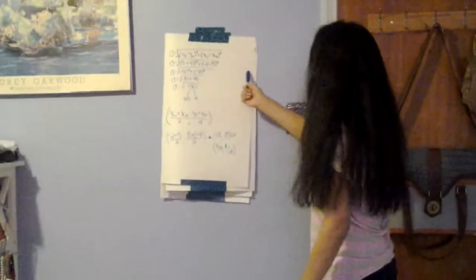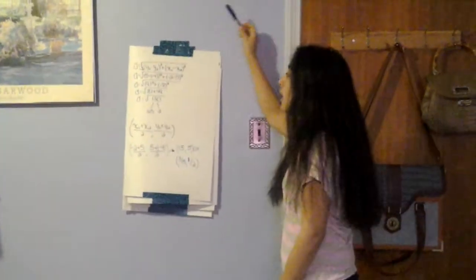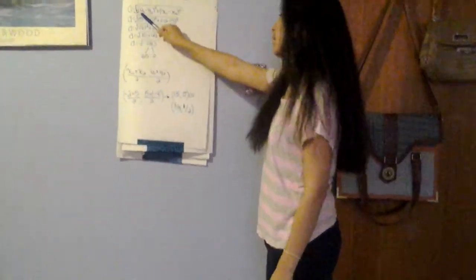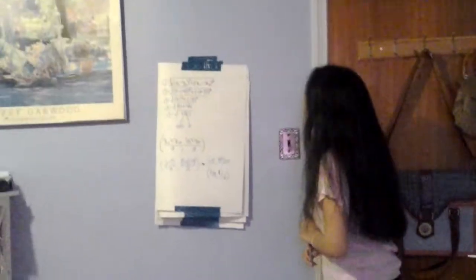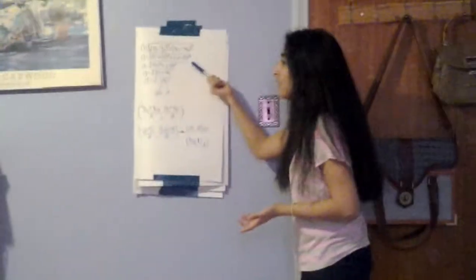The second example is the distance formula. D equals square root of parentheses y1 minus y2 parentheses squared plus parentheses x1 minus x2 parentheses to the second power.